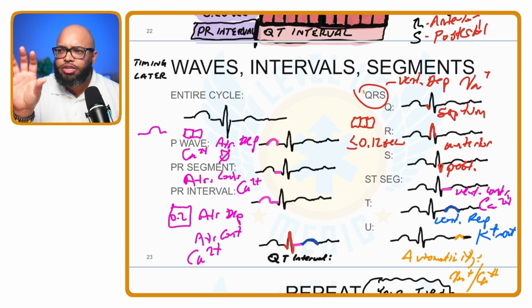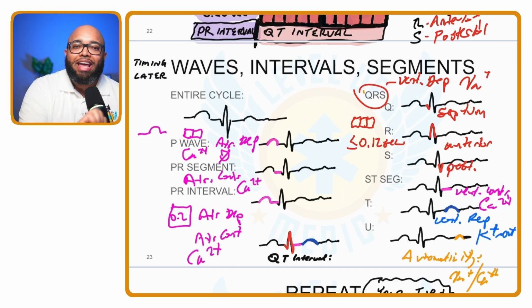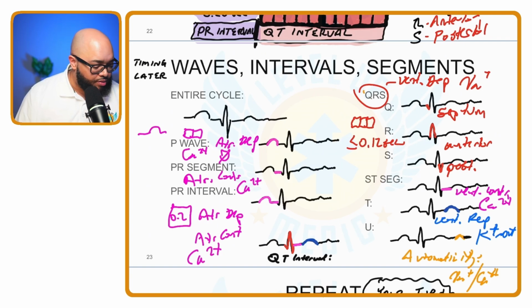Now, don't confuse contraction and depolarization. Those are separate situations. Depolarization is an electrical situation. Contraction is a mechanical situation. One deals with electricity, one deals with the pump. Yes, they're all related, but they're two separate situations, okay?